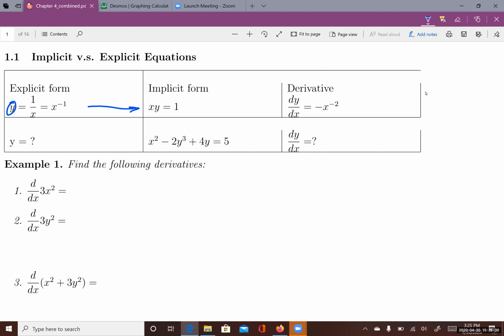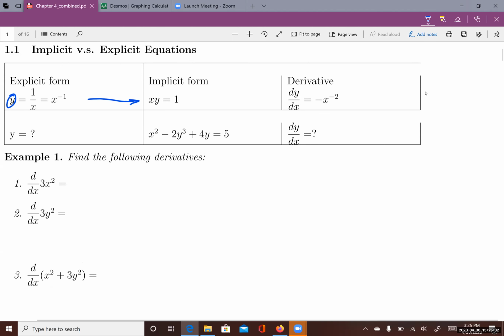Okay. How about when you are looking at this equation and your goal is to find dy over dx, which is the derivative of y in terms of x at any point on this curve? You may wonder, can you convert this implicit form into an explicit form, which means solving for y?